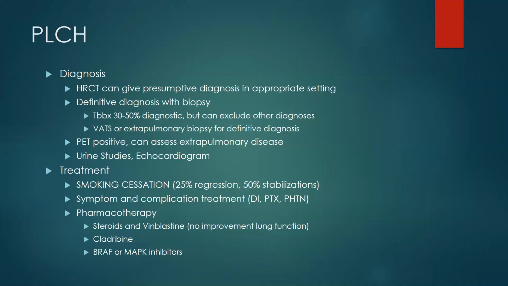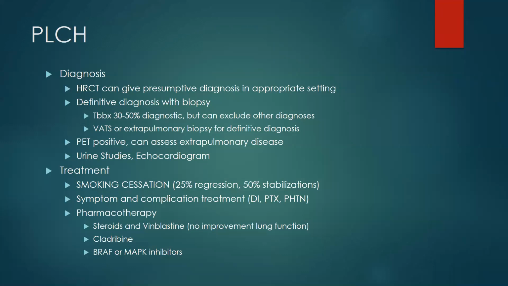So in terms of diagnosis, again, high-res CT can give a presumptive diagnosis in the appropriate setting of a young smoker. Usually, though, definitive diagnosis is needed with biopsy, also to rule out other processes. Transbronchial biopsies have about 30 to 50% diagnostic yield, but can exclude other diagnoses, with VATS or extrapulmonary biopsy being definitive.